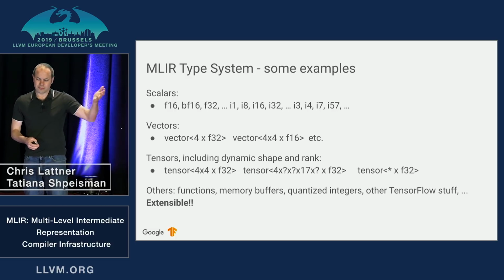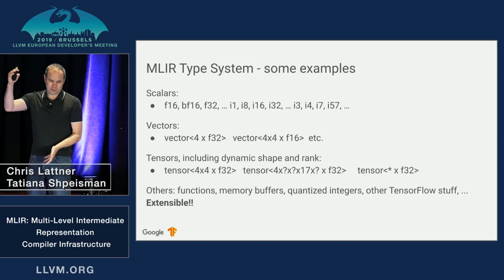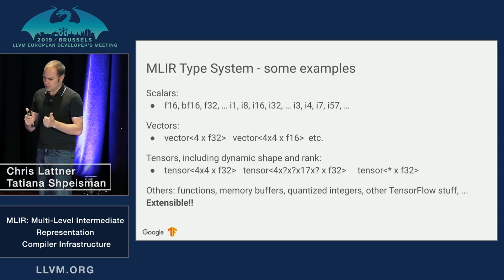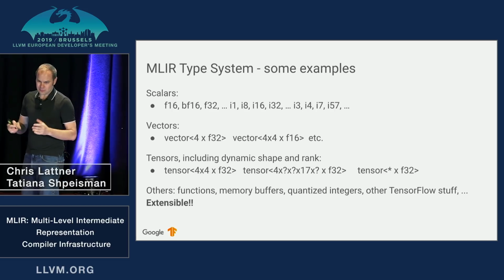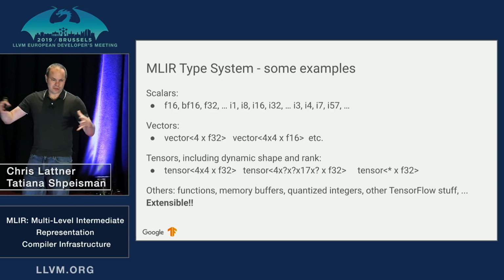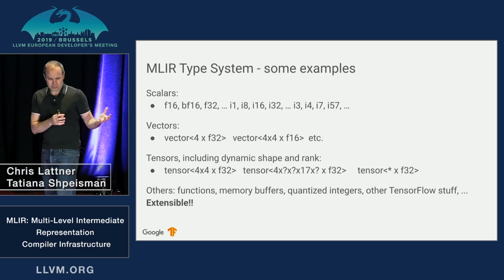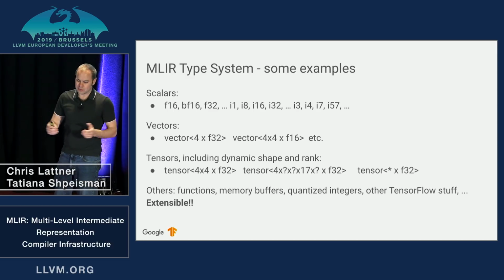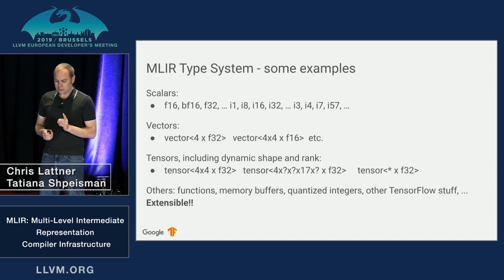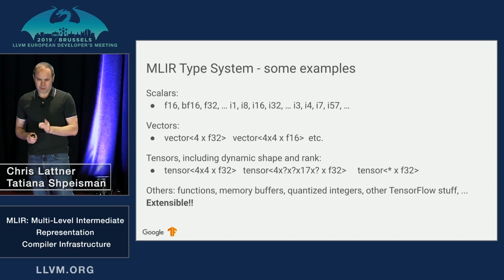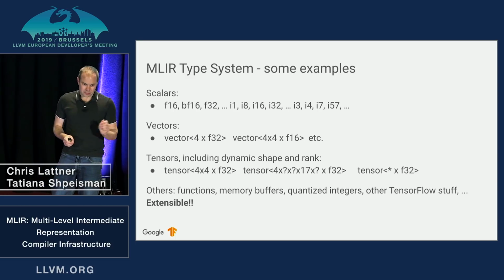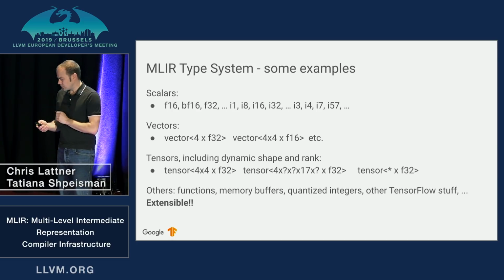Of course, you have integers and floats and vectors, but we have multidimensional vectors. And if you want a 4-dimensional vector because you have an accelerator that likes 4D vectors, that is fine. We have tensors. Tensors are n-dimensional arrays, and you can have fixed size arrays, you can have dynamically shaped dimensions, lots of other stuff going on here, quantized integer types. One of the things we'll talk about later is the type system isn't hard-coded. It's fully extensible, and we'll talk about why that's important a little bit later.